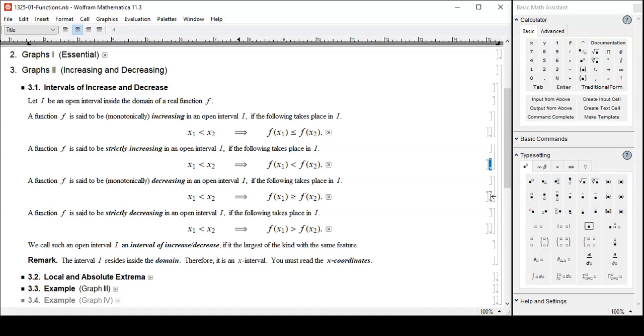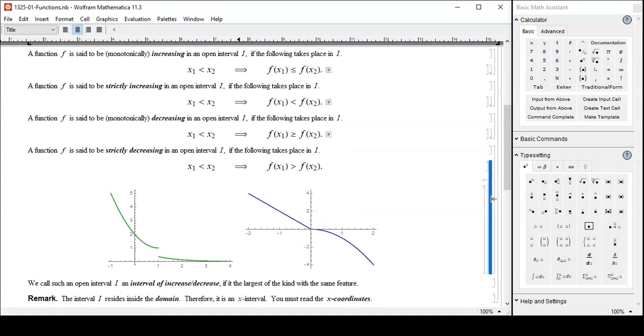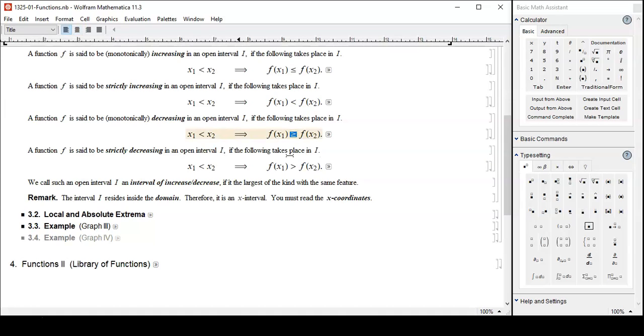Now, how about this? Decreasing, like this. Or you can have some horizontal segment as well. By the way, this one is strictly decreasing as well, you see. And more strictly decreasing. Same inequality, less than or equal versus strictly less. This one is more inclusive.